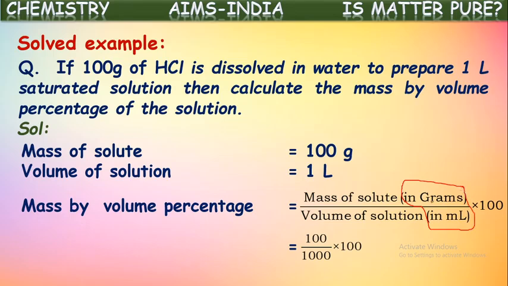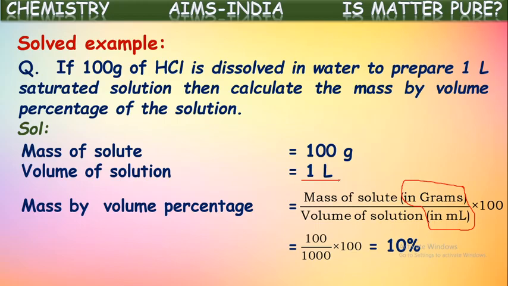Actually, we have taken mass of solute in grams, but the volume of the solution is given in liters. So this volume of the solution also should be converted into the CGS system, that is 1000 ml. If we substitute these values, we get 10 percent.